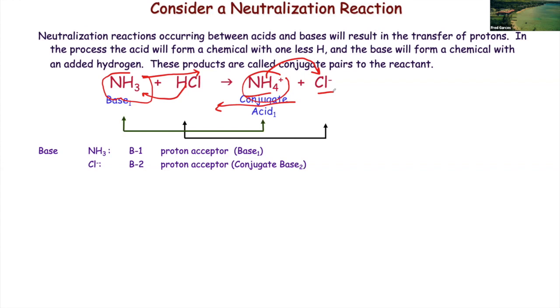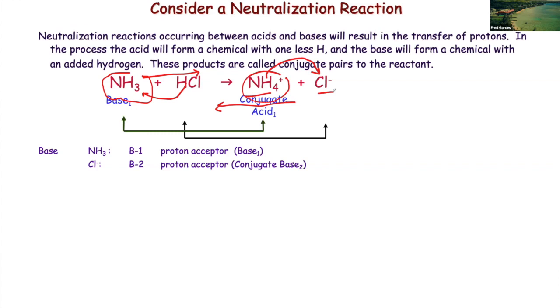So in one direction, NH3 is the base, HCl is the acid. In the other direction, NH4 plus is the acid, Cl minus is the base.